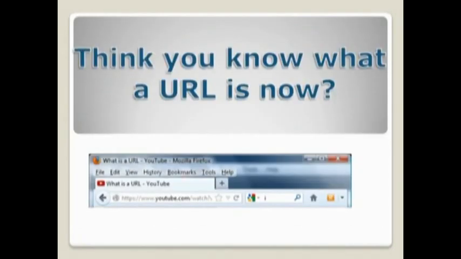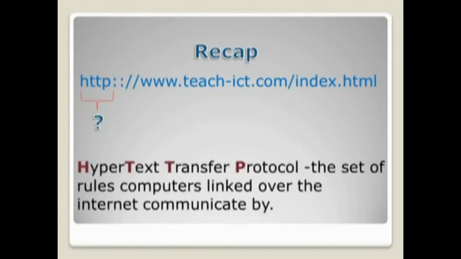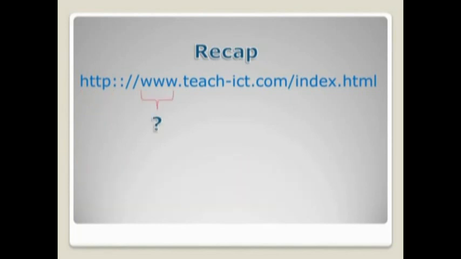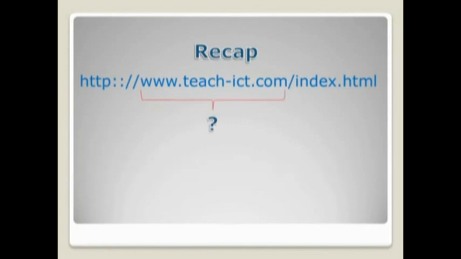Think you know what a URL is now? Let's have a recap. What is this? Well done. Hypertext Transfer Protocol. What about this? That's an easy one. World Wide Web. And this? It's the domain name.